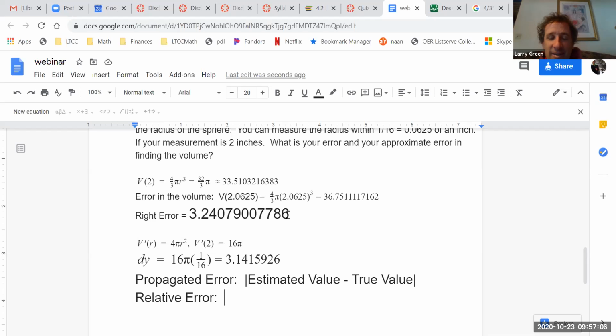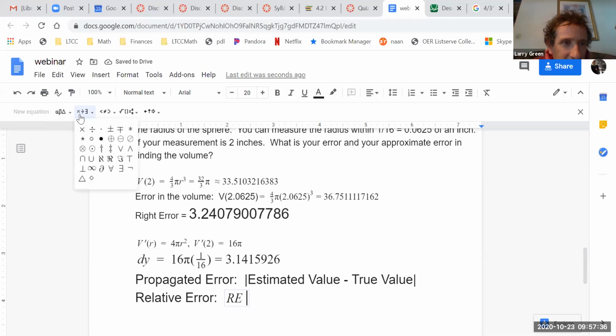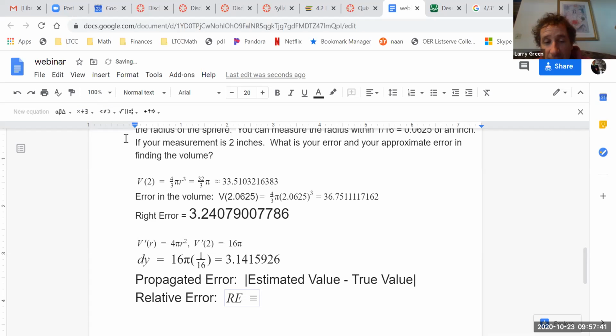Okay. So it's not the error that's the most important. It's what's called the relative error. It's not whether you're off by a meter or not. It's how much you're off by compared to how much the original thing was. So the relative error is defined, I'll just write RE for relative error, triple equals defined by.